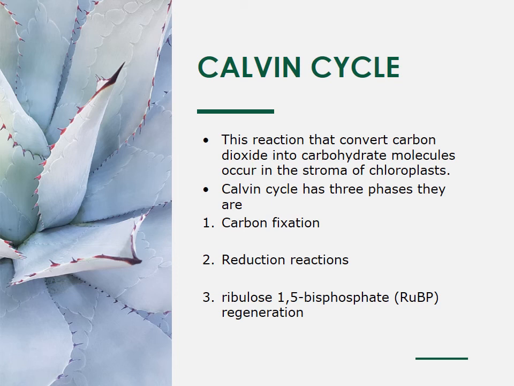But just know that the first one is carbon fixation, the second one is the reduction reaction, the third one is ribulose 1,5-bisphosphate regeneration. The essence of this cycle is to convert carbon dioxide into carbohydrates, and it occurs in the stroma.